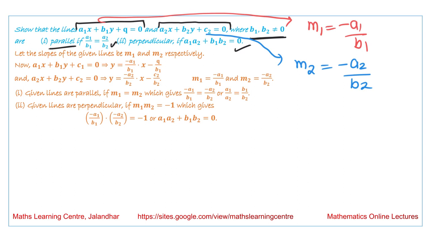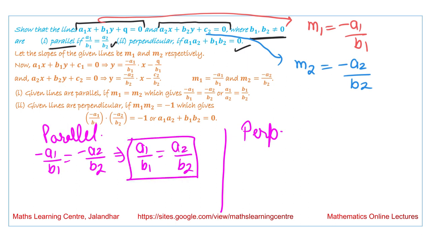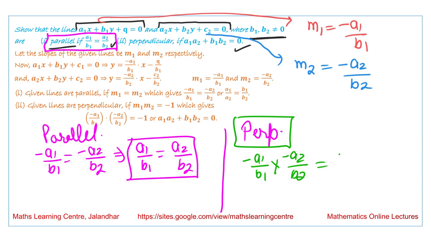Now we are talking about two conditions, one is parallel and second is perpendicular. When both these lines are parallel to each other, we have minus a1 by b1 equal to minus a2 by b2. So this implies that a1 by b1 is equal to a2 by b2. So these two lines will be parallel if a1 by b1 is equal to a2 by b2, and these will be perpendicular if minus of a1 by b1 into minus of a2 by b2 is equal to minus 1.